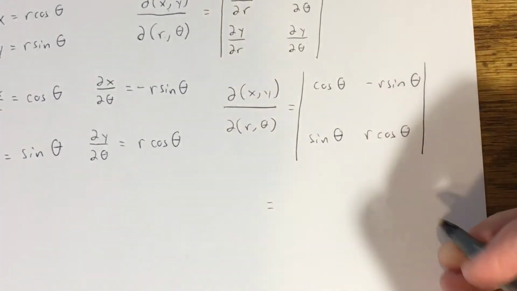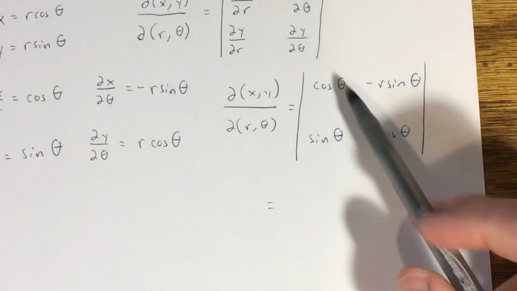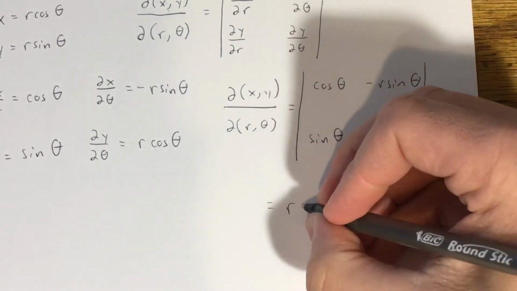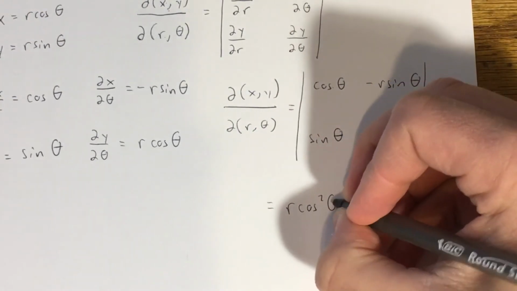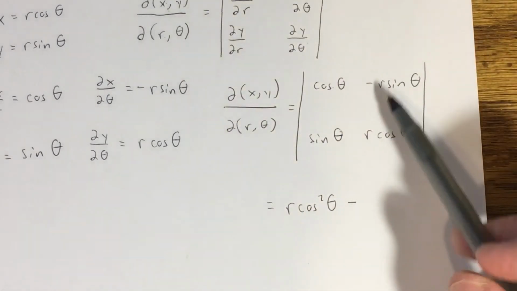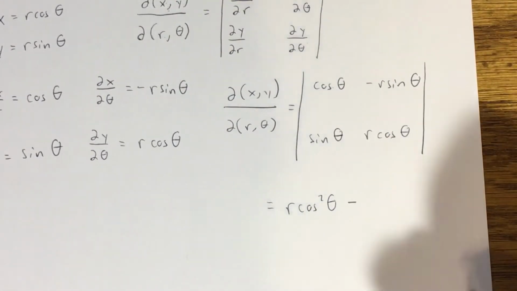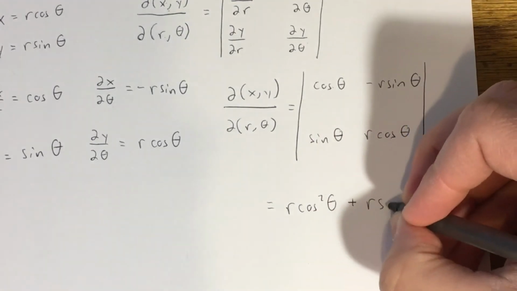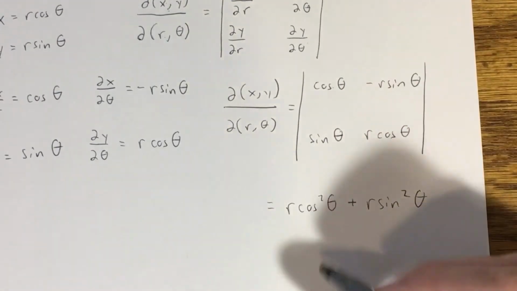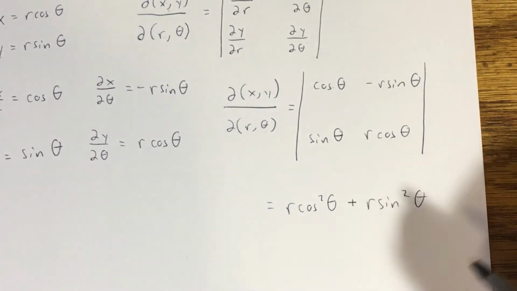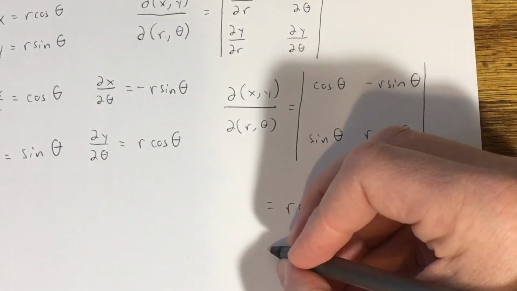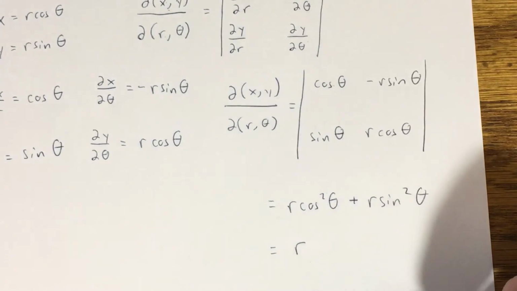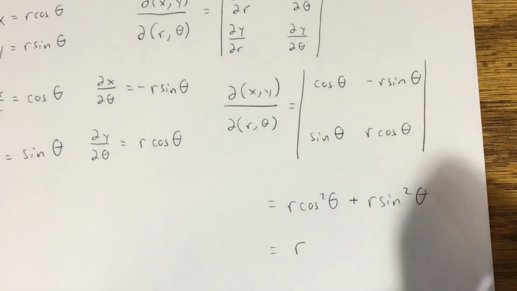Multiply these two, that becomes r cosine squared of theta, minus these two, that's negative r sine squared, so minus minus makes plus. Factor the r out, it becomes r times cosine squared plus sine squared, which is 1. This is just r. So our Jacobian gives us r.